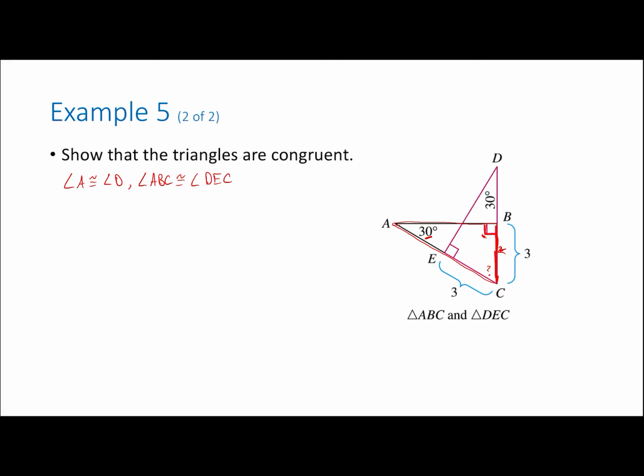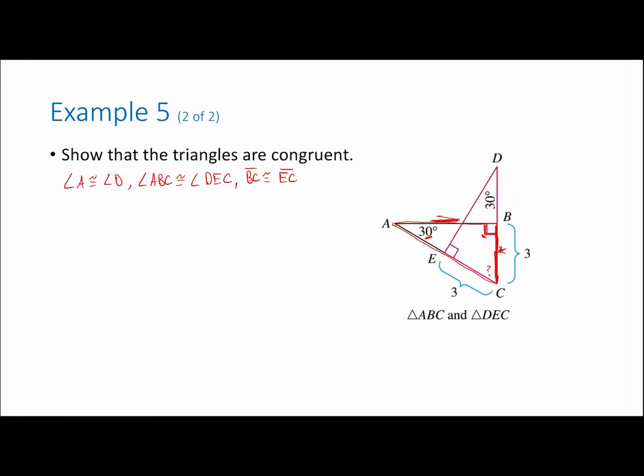We also know that angle ABC, that's the 90 degree angle, is congruent to angle DEC. That is also the right angle. So we know 2 angles.